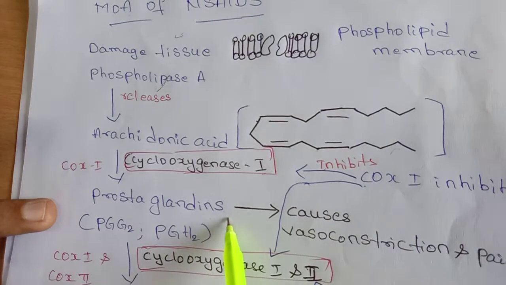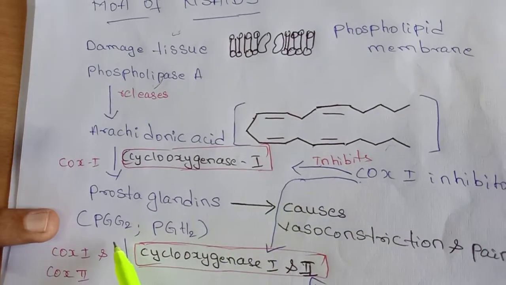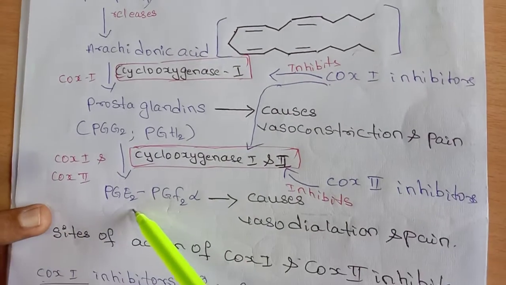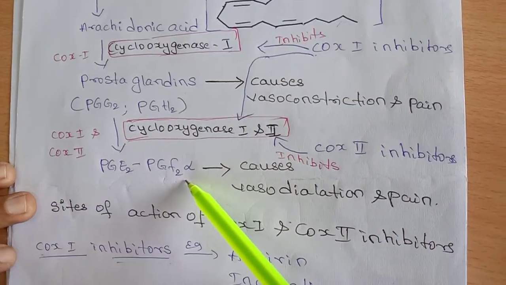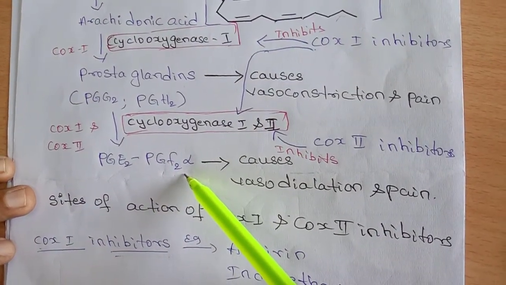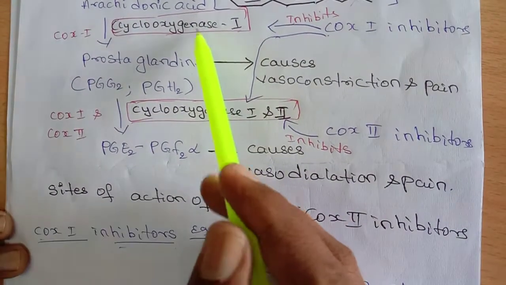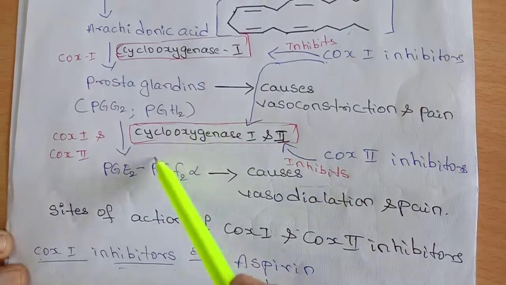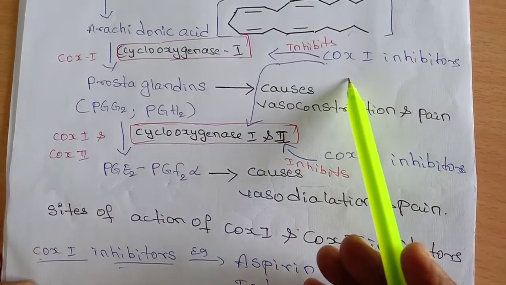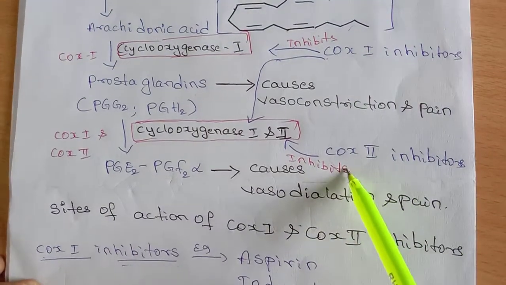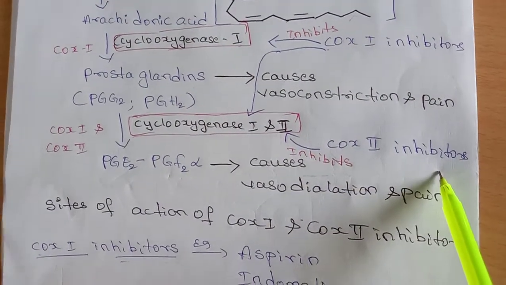Prostaglandins G2 and H2 are further converted into prostaglandin E2 and F2 alpha, which cause inflammation and pain, and this enzyme is inhibited by our NSAIDs.